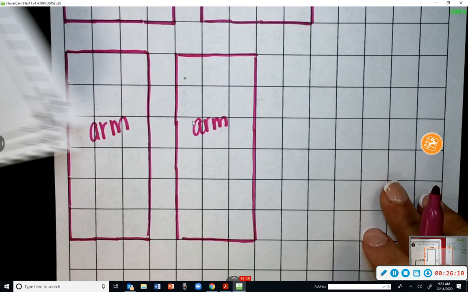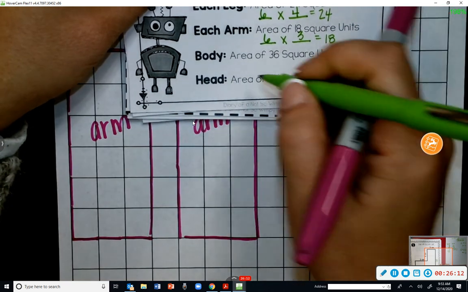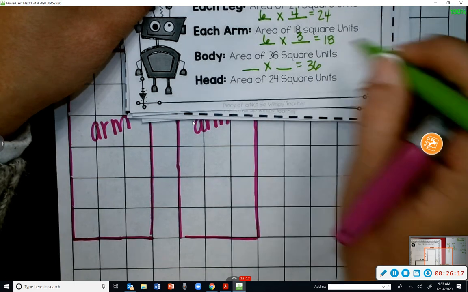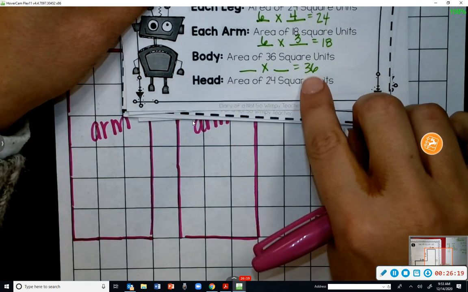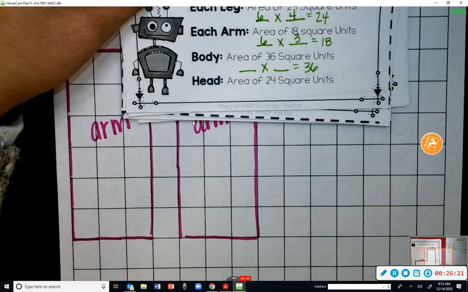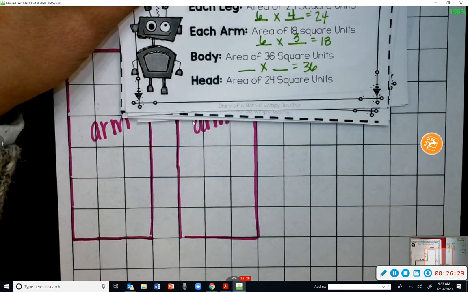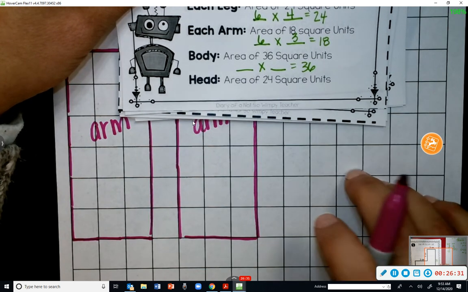Okay, now for your body. The body has to be 36. So I need to ask myself what times what equals 36. There's more than one. I could do 6 times 6. I could do 9 times 4. So whatever you want to use, you can use 12 times 3, and then you have to know how to draw it.